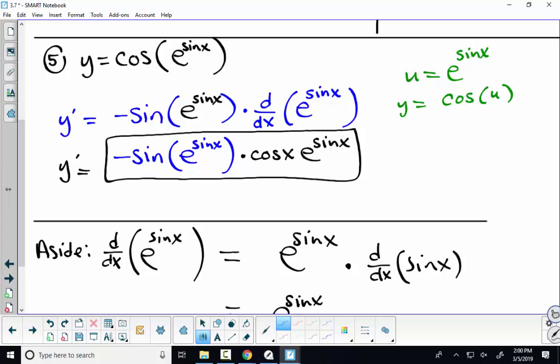You could put the negative cosine of x first, but it's important to know that the sine of e to the sine x is one thing. So that's our negative sine of u part, if we were thinking about version 1. So that's one thing in and of itself.